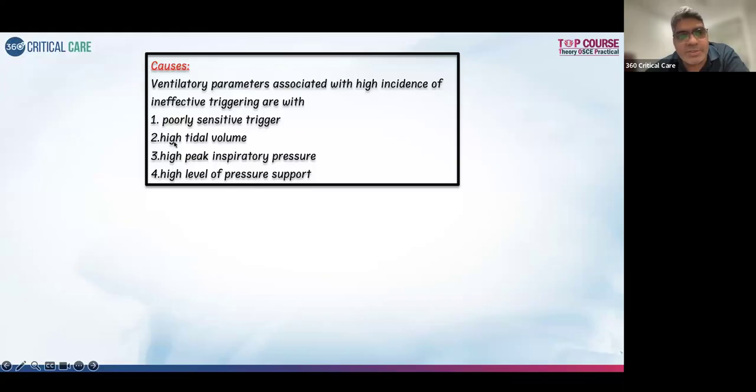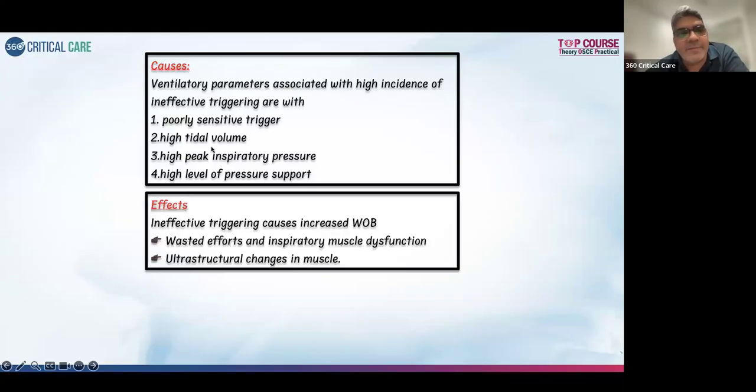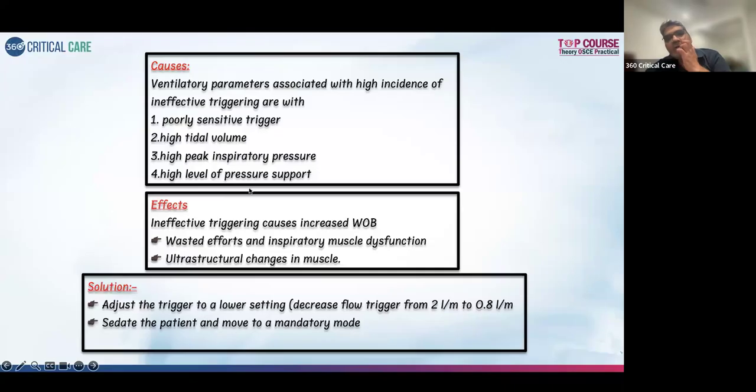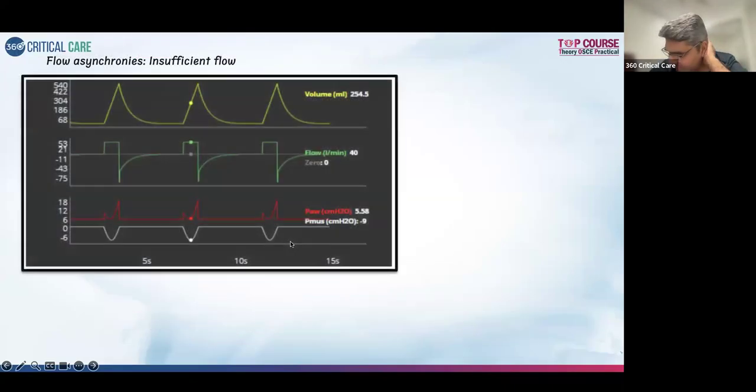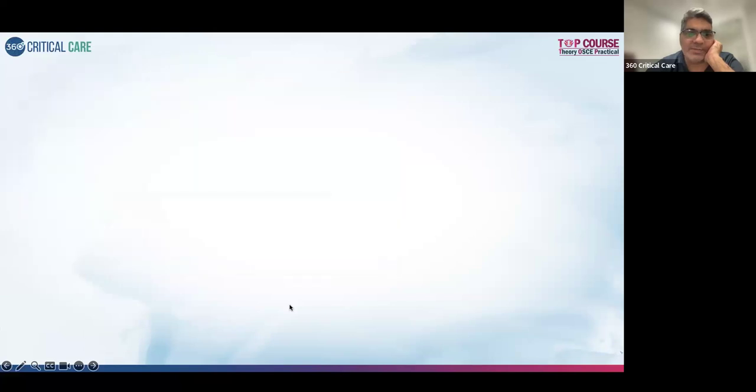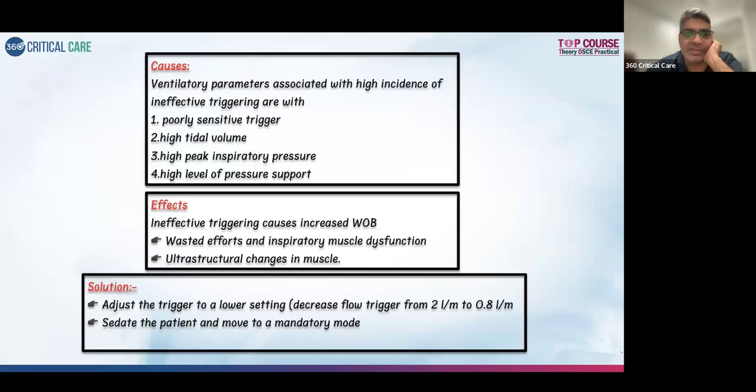So these are the predisposing causes for ineffective triggering. What can it cause? Wasted effort, as I said, and there may be changes to the muscle. Even if the respiratory muscle and diaphragm are trying to breathe, it is not allowed to breathe because the ventilator cannot sense it. That can lead to wastage of muscle mass, and muscle training will not happen.